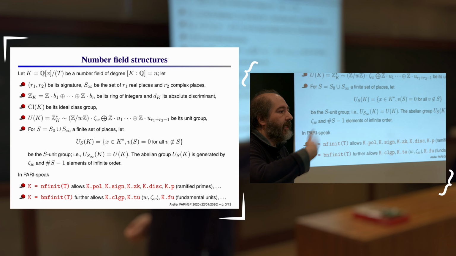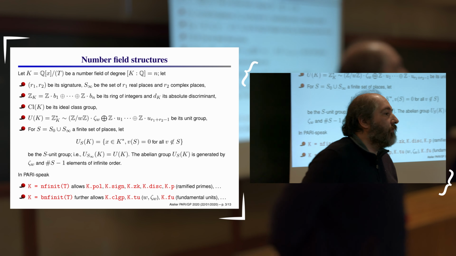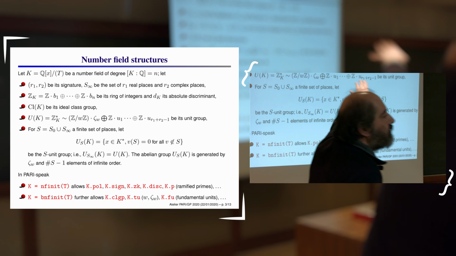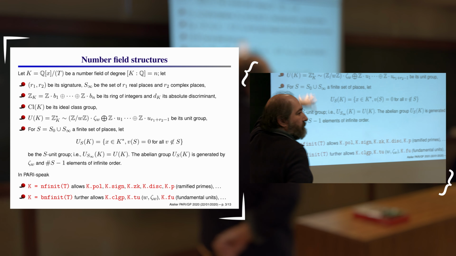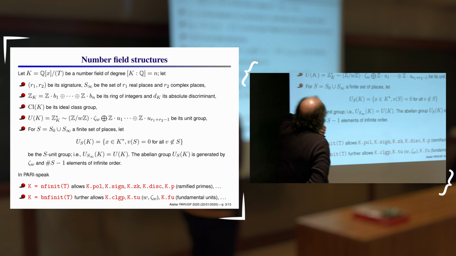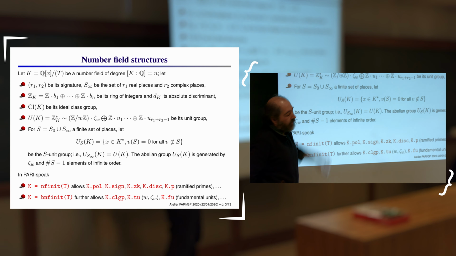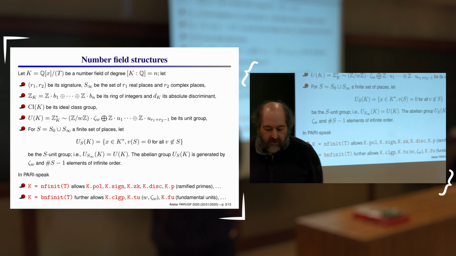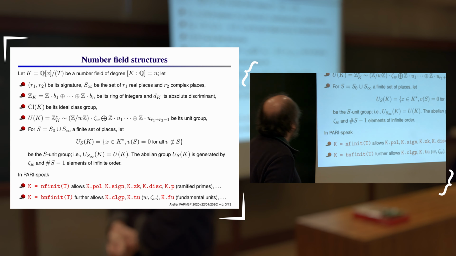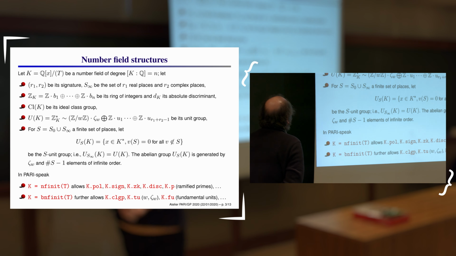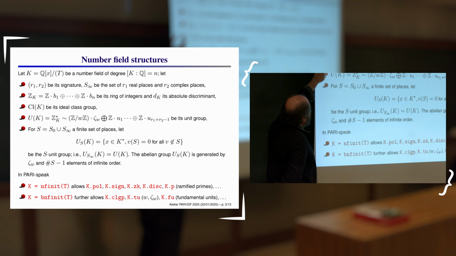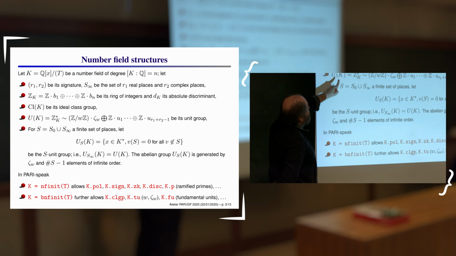All this can be accessed with a PARI function, but I'm not explaining this at this point. It's just the setting, the setup. It has an absolute discriminant, which is the discriminant of this lattice Z_K with respect to the trace pairing. It has an ideal class group. It has units.